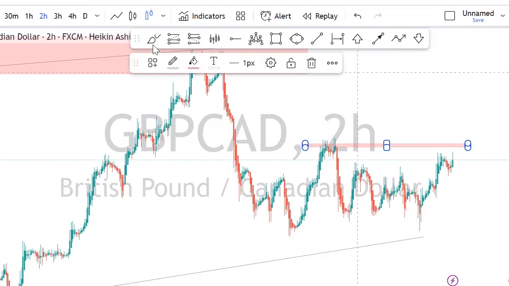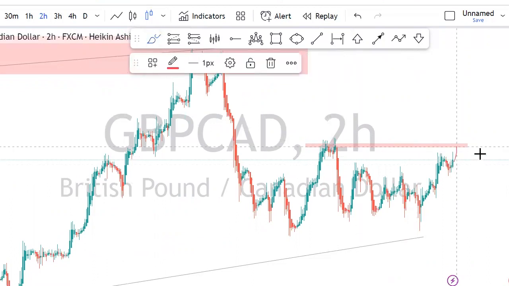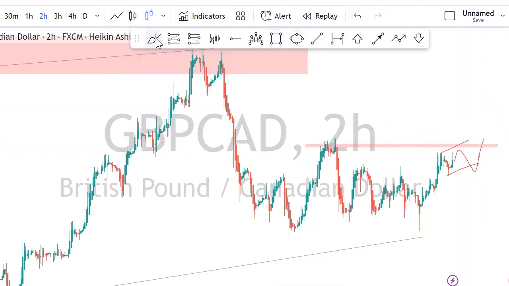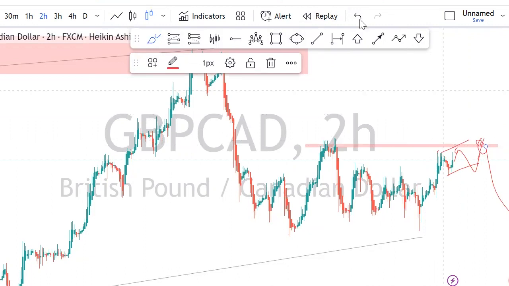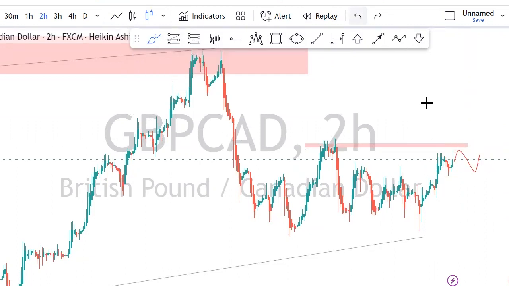So the price could just give us a nice corrective movement to basically the third touch like that, because we would have this as our first touch and this as our second touch and then our third touch, and that's when we'll be comfortable placing our sell basically. But it's just a matter of time and the price evolving. We don't need to rush it, so let's just wait a bit and see what happens with this one.